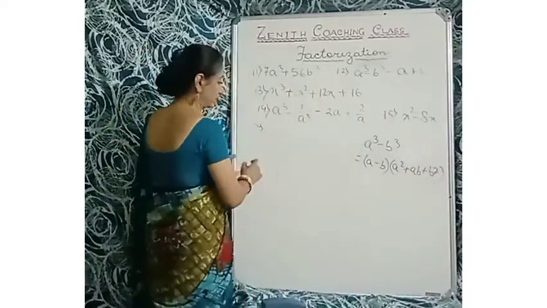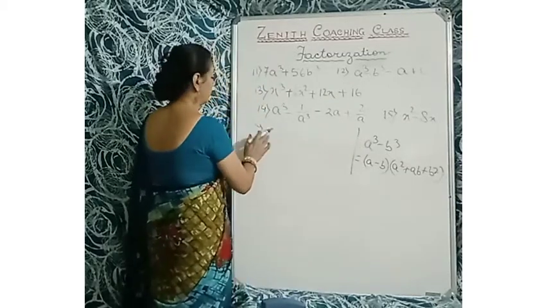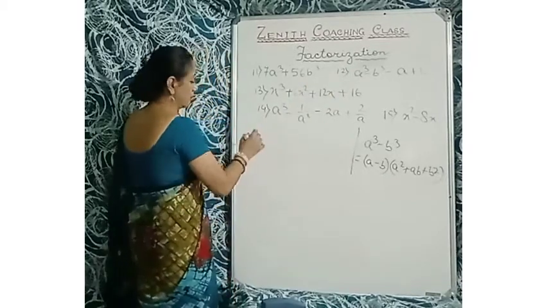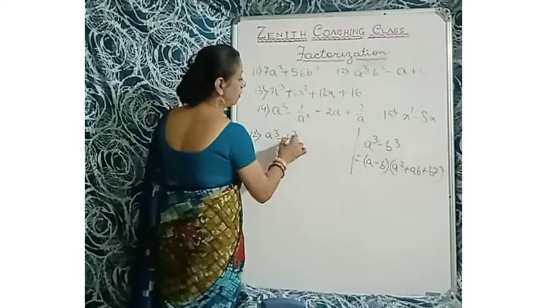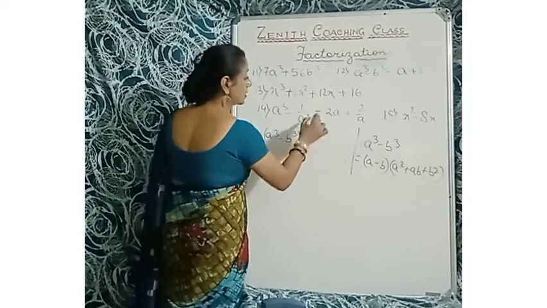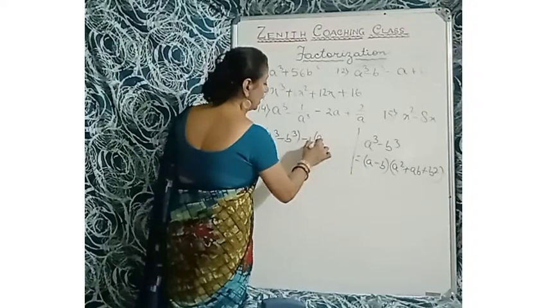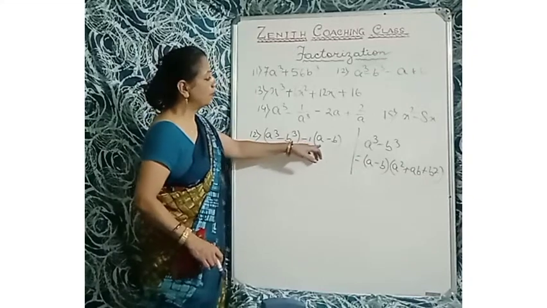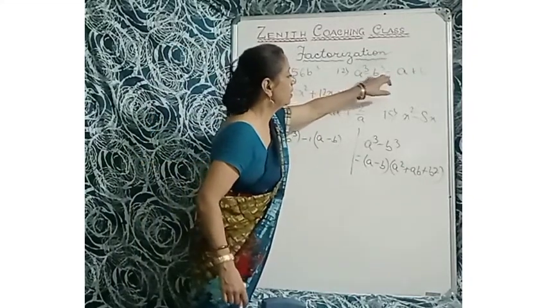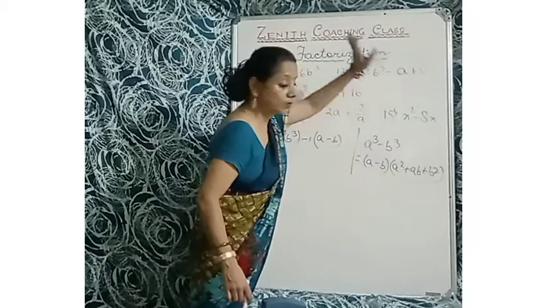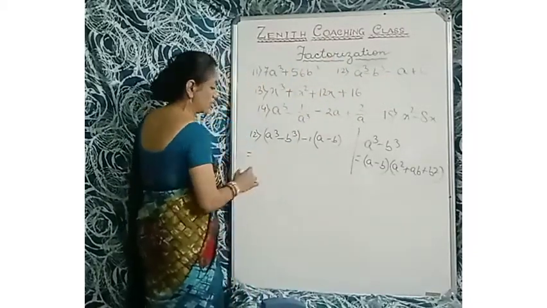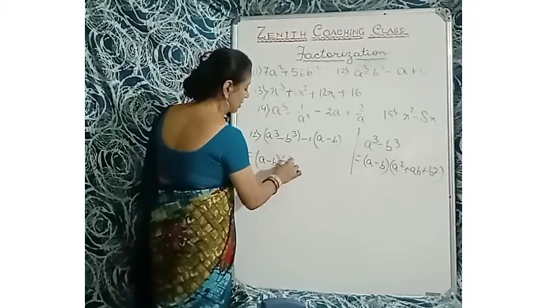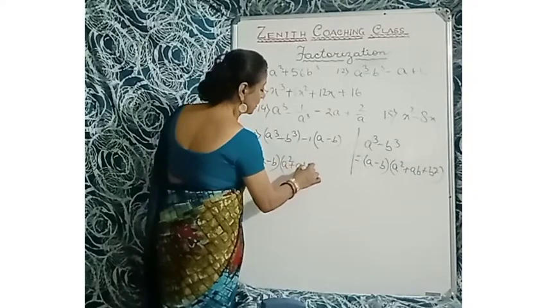Question number 12. That is a cube minus b cube. Take minus 1 in common. So a minus b. Because it is a cube minus b cube and it's also a minus b whole cube, if I take 1 common here, here is a minus b also. That is, a cube minus b cube is a minus b multiplied by a square plus ab plus b square.